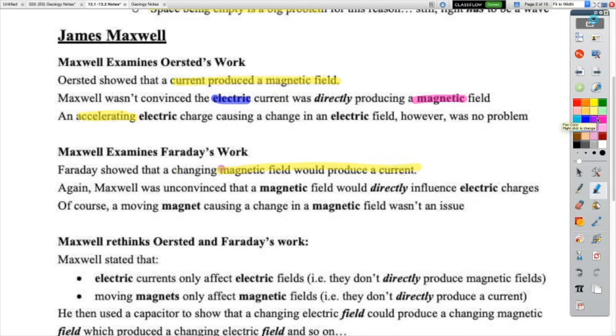As we know, they are related, of course, they are related, but he said, why directly? Okay, why is this directly causing a change? So why is a magnetic field directly influencing an electric charge? He didn't doubt the evidence. He said, it seems that something is happening, but why are we sure that it's directly happening?